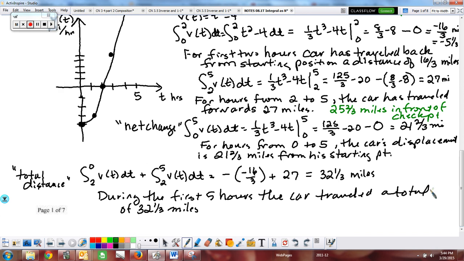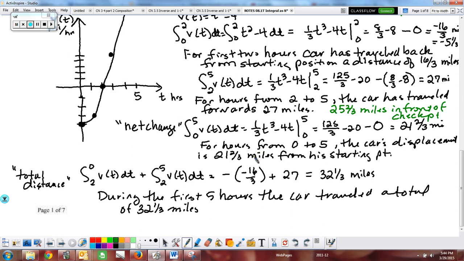All right. Here, my net change from 0 to 5, well, my net change was 21 2/3. Where was I? Let's think about it there. This one I went from where I was at 2. This one I'm going from where I was at 0. At 0, I was 4 miles in front of the checkpoint.